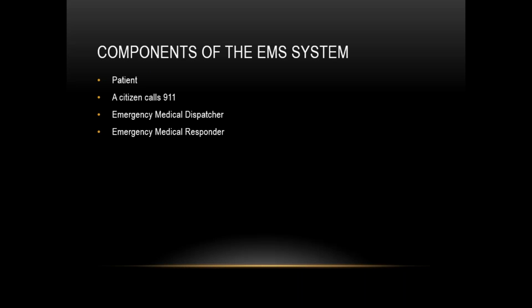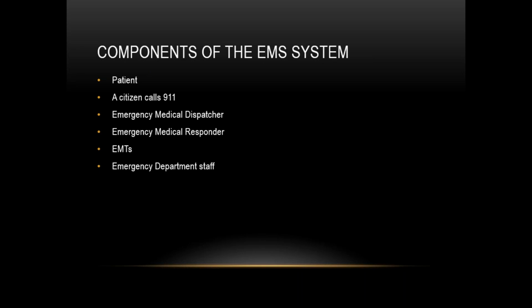From there, it's a tiered response. So somebody calls 911 after a motor vehicle accident, that emergency medical dispatcher activates the 911 system, and oftentimes the first individuals who are going to show up on scene are going to be emergency medical responders. From there, we're going to get ambulance services depending on the area, whether it's a basic life support ambulance, which is going to be housed by EMTs, or an advanced life support ambulance, which is going to be housed by paramedics.